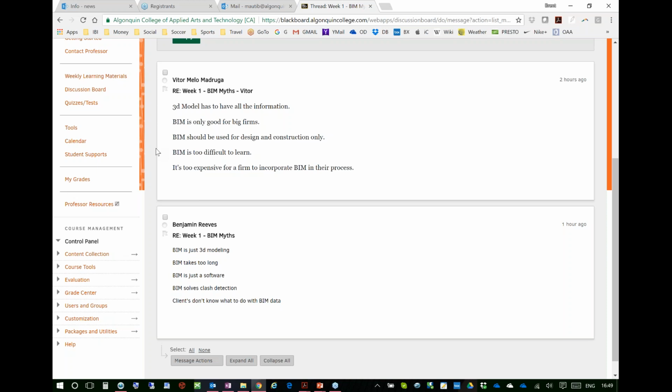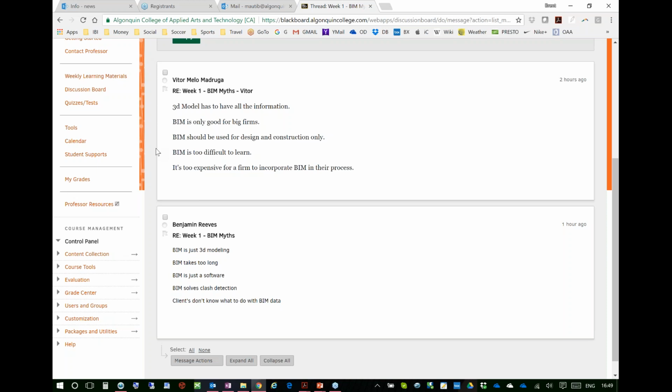We have to think about what information is needed and what information I'm going to have to show to the stakeholders or to the client, to anyone. And then after that, I have to think how I'm going to show the information to the person. So sometimes it's not needed, or most of the time, not needed to model everything.